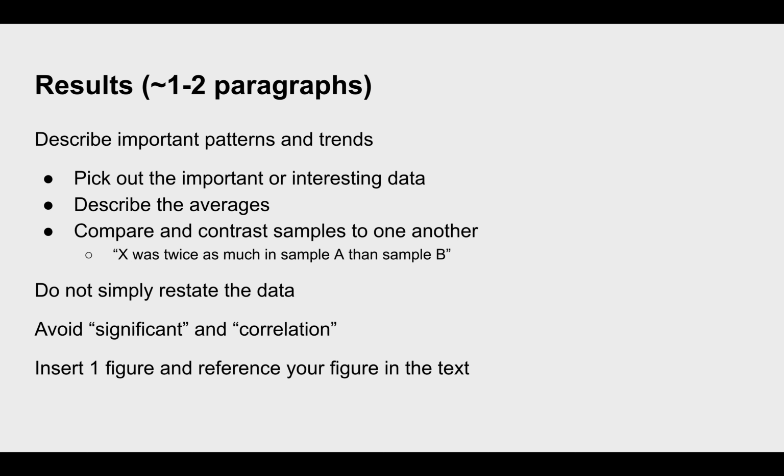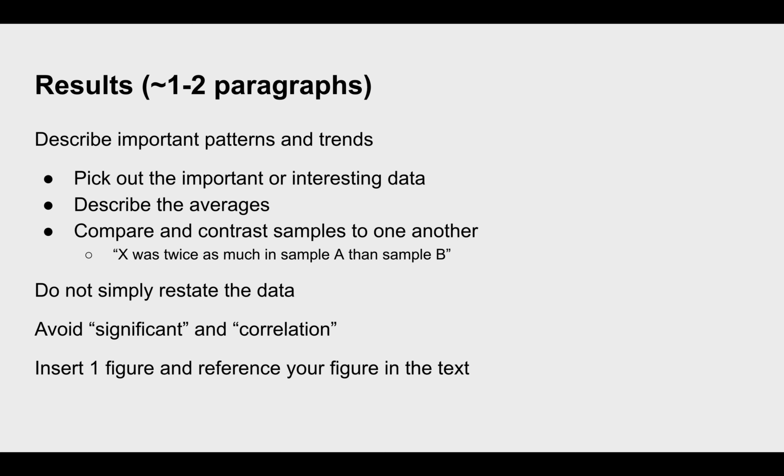So you might choose to describe averages, or you might compare and contrast and say the moon soil had twice as much clay as the deciduous soil. So you can use numerical descriptions in that manner. I do want to point out that we want to avoid the wording of saying something is significant or correlated. In science, significance and correlation means that I ran some sort of statistical test that shows significance and shows correlation.